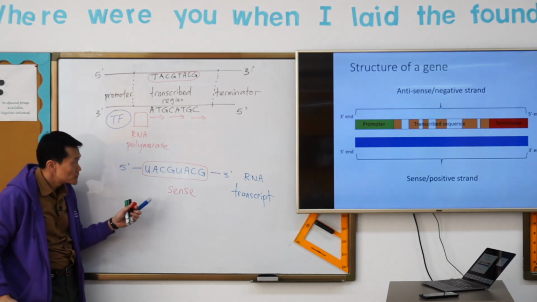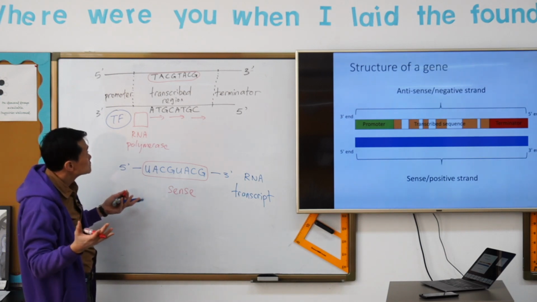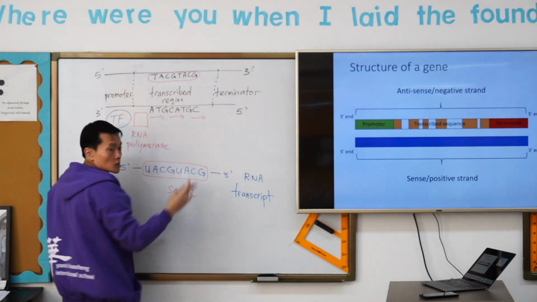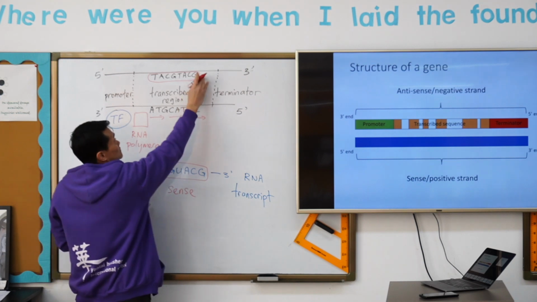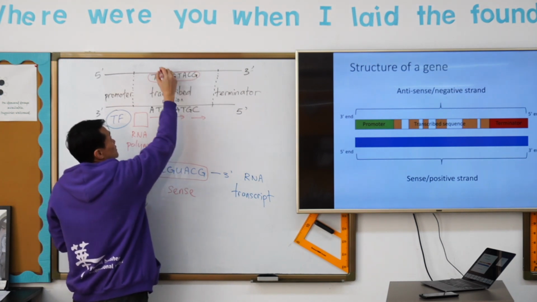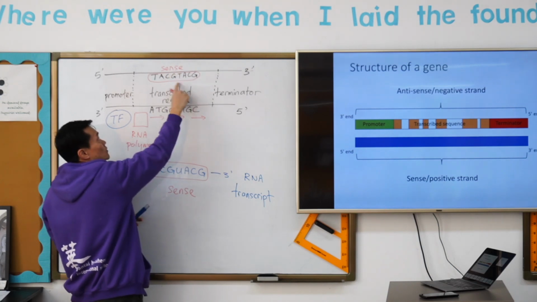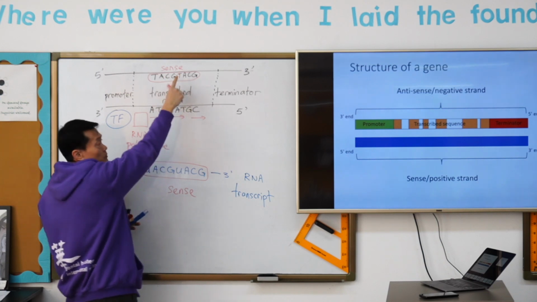Which then we can apply to the sequence here. So this strand or this sequence that is complementary to the transcribed region is the one that makes sense.